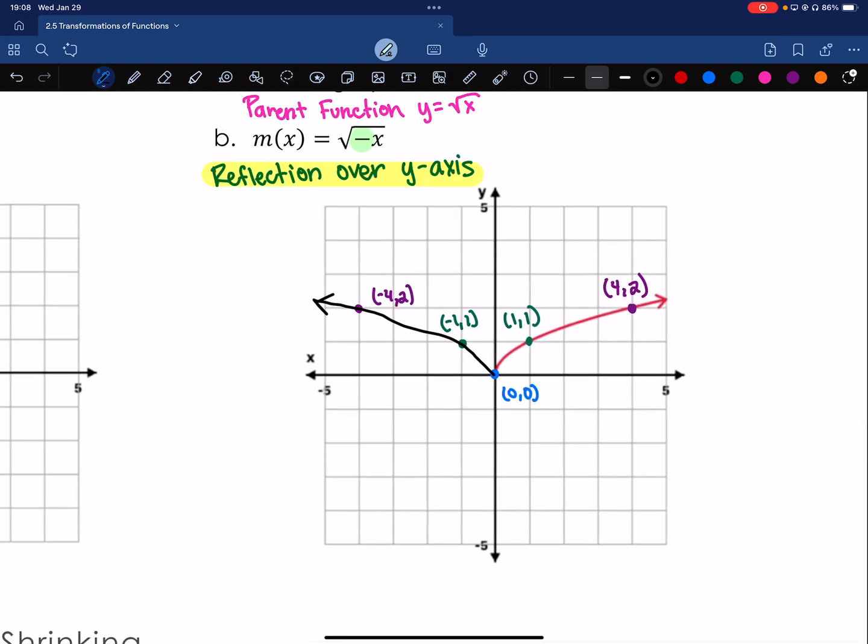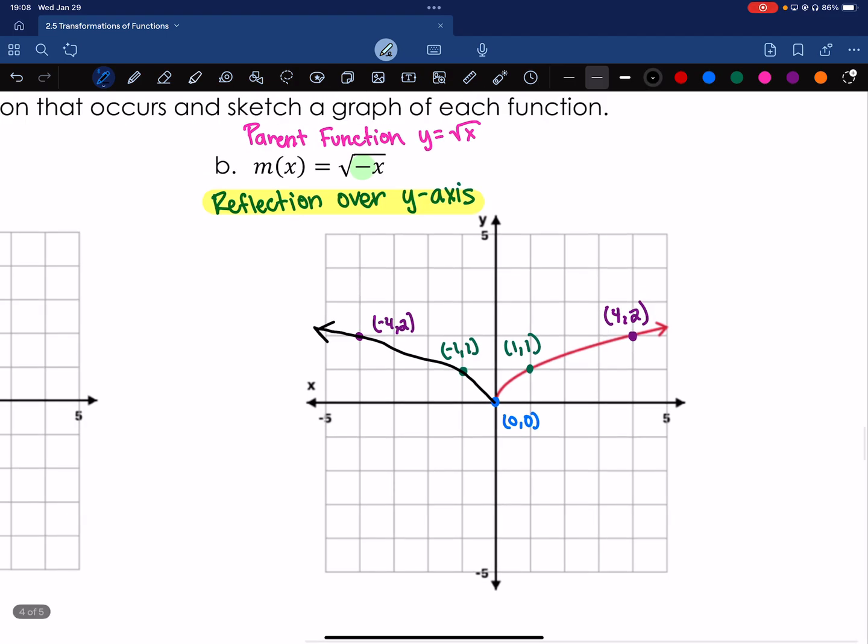So this is just extra information. I like to make up problems sometimes when I see that they kind of fit. If there was a reflection over the y-axis and a horizontal shift, you have to be a little bit careful with that.